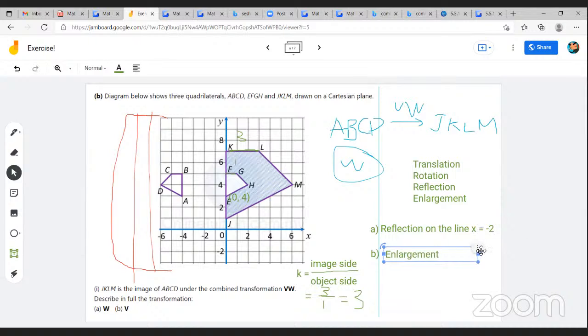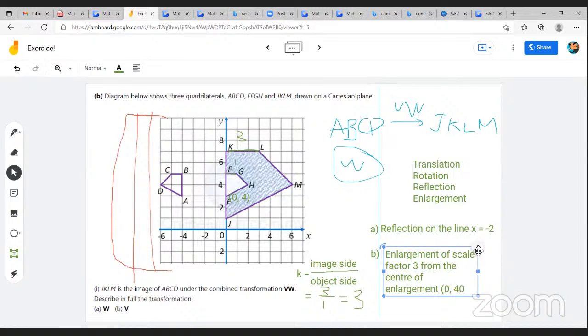The final answer will be enlargement of scale factor 3 from the... Try completing the sentence for me. It starts with the letter C. Center. Yes, center of enlargement, which is 0, 4. Very good.